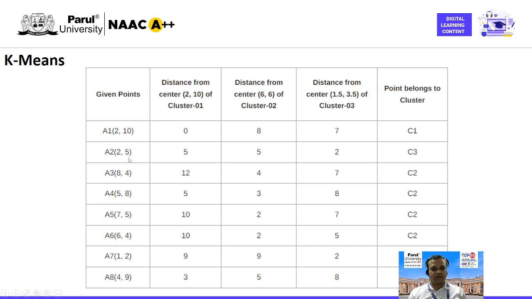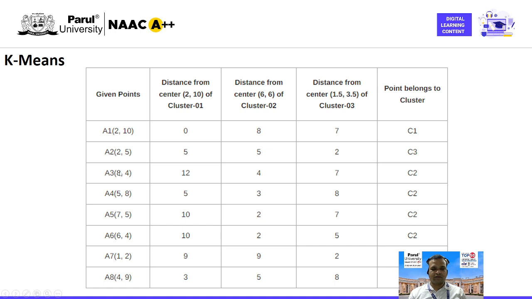Similarly, we calculate for A2: A2 C1 is 5, A2 C2 is 5, A2 C3 is 2, which is minimum. So A2 belongs to cluster number 3.